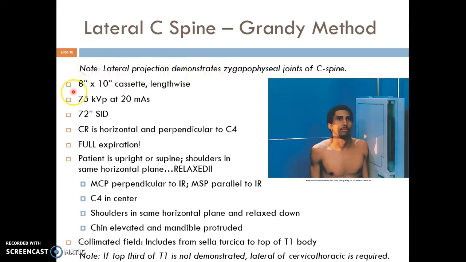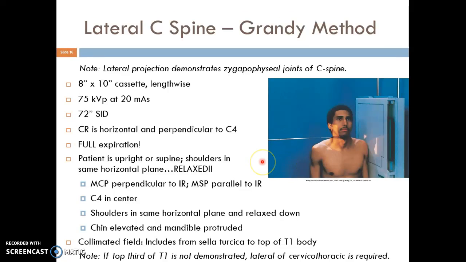We are also using, again, an 8x10, 75 kVp with a 20 mAs at 72 inches. Now, this is very important. Need to know 72-inch SID in order to decrease the magnification because of our OID.